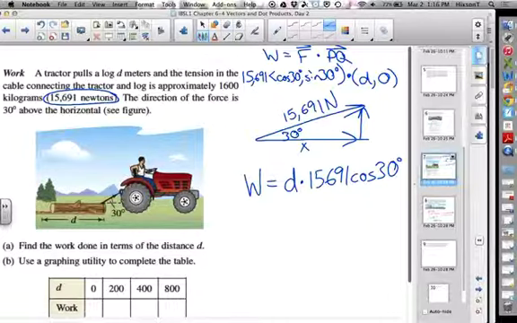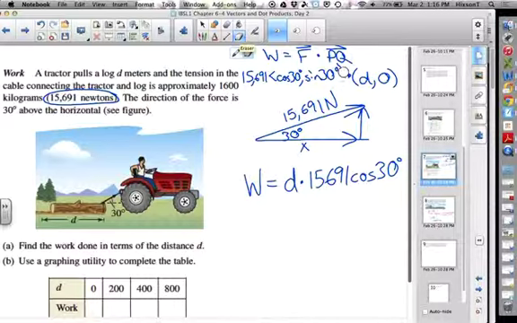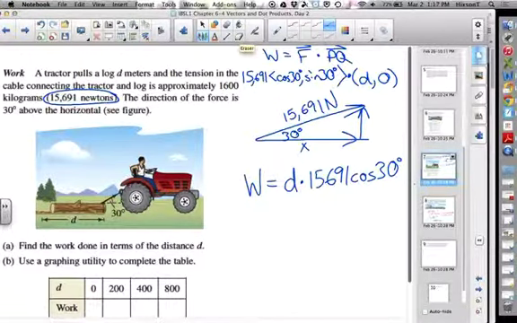How do you find the d? What's the distance? That's a 0 right here. So it's 15,691 times the cosine of 30, and then 15,691 times the sine of 30.